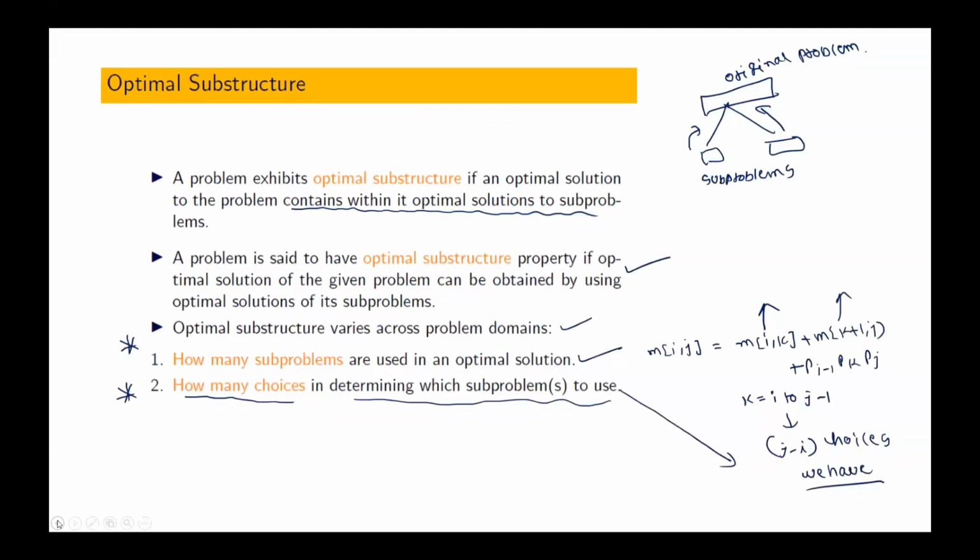So by exploiting that, we have got this recurrence for matrix chain multiplication.